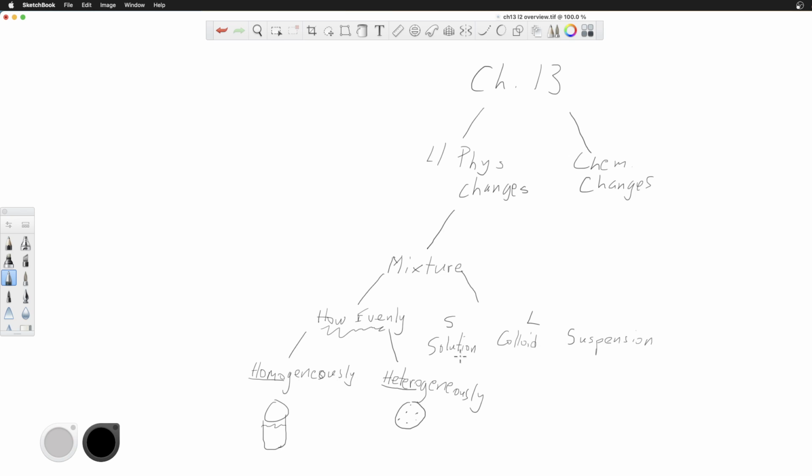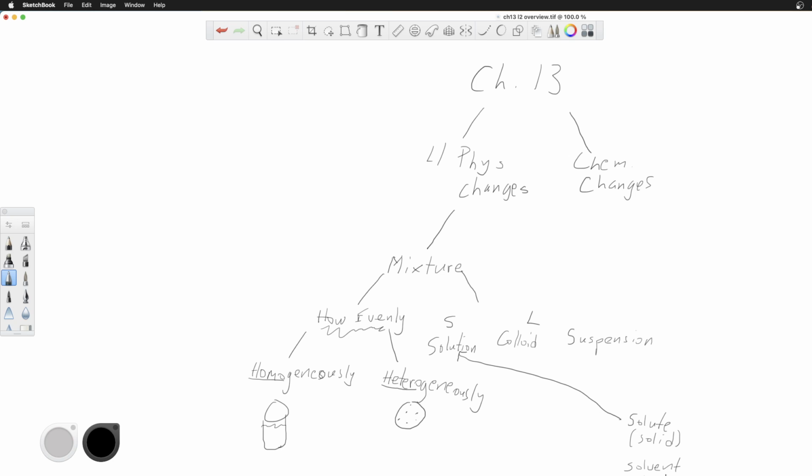However, when it comes to solution, it's also important to keep in mind there are a few terms when we really want to understand it. Solute is the solid that is dissolved into the solvent, which is the liquid.